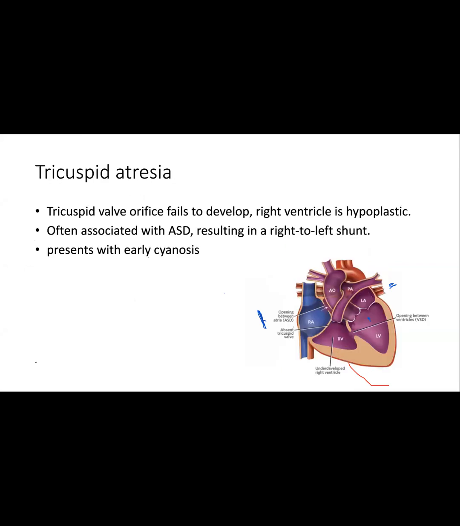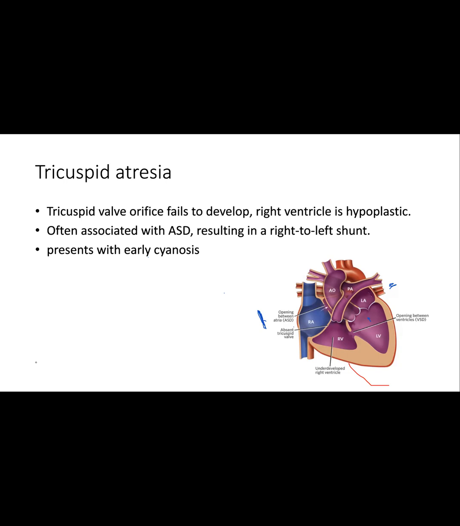And then you have also got tricuspid atresia, and in tricuspid atresia, there's basically a complete absence of the tricuspid valve, as you can see, and this basically means there's no connection between the right atrium and the ventricle.